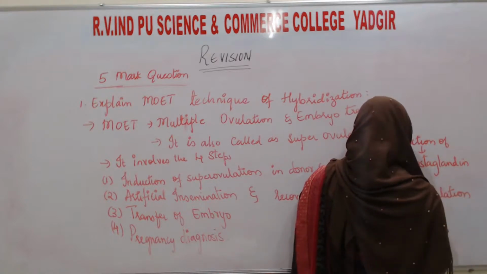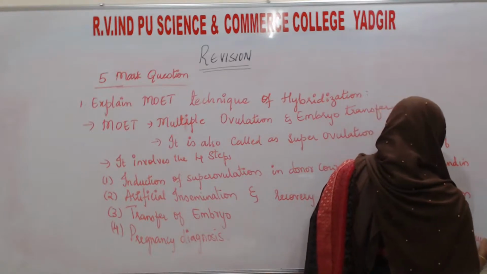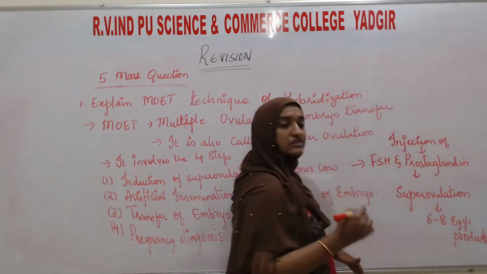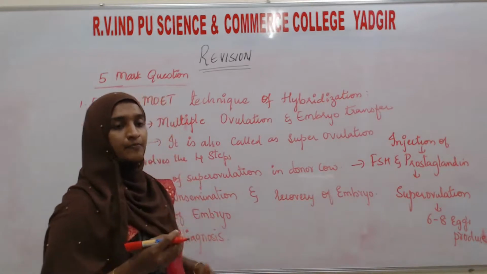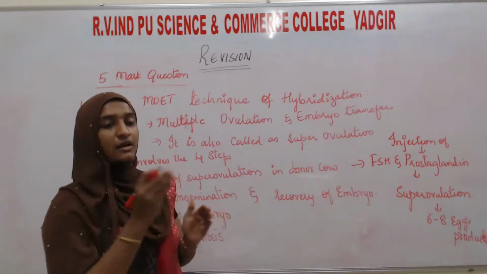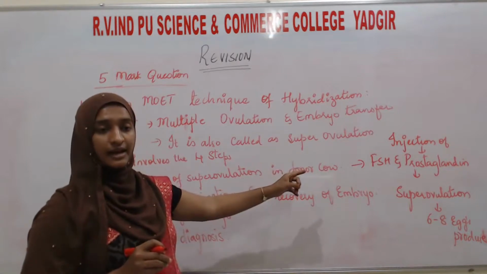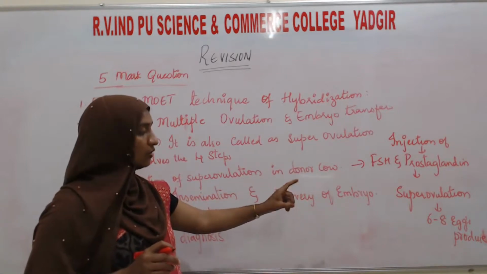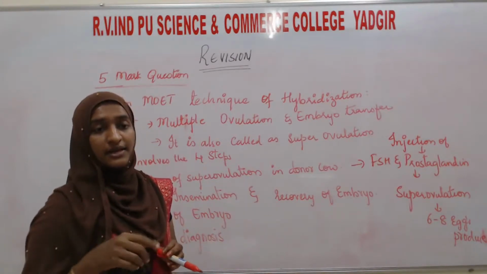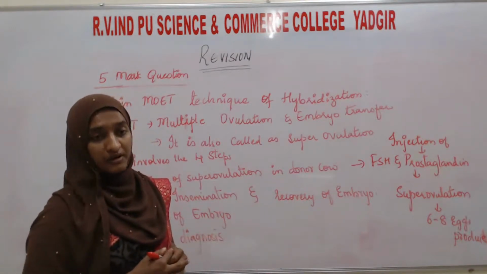Superovulation means around 6 to 8 eggs are produced instead of 1 or 2. If you inject these hormones FSH and prostaglandin for a specific time duration, the donor cow will produce 6 to 8 eggs per estrous cycle, and that process is known as superovulation.